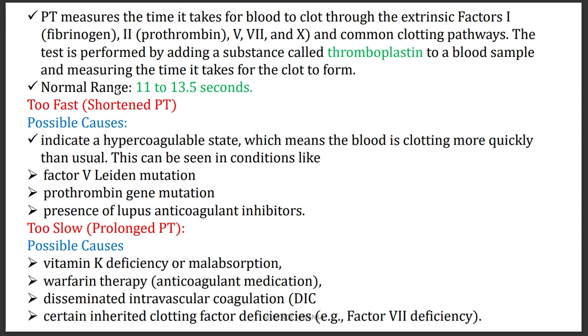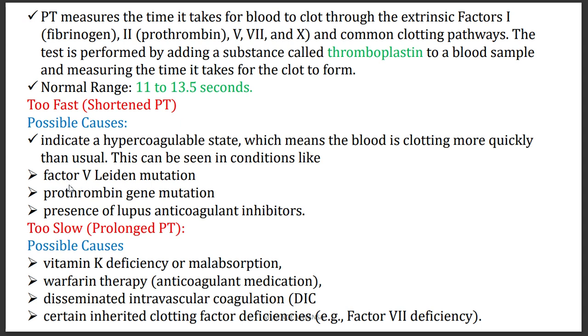So the normal time it takes in the extrinsic pathway is about 11 to 13.5 seconds. So if you see that the clotting is very fast in the extrinsic pathway, for example, less than 11 seconds, then that would mean there should be something wrong. There is a hypercoagulable state, meaning that you are clotting too fast.